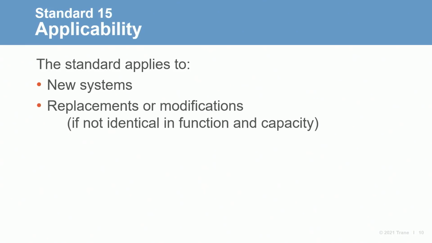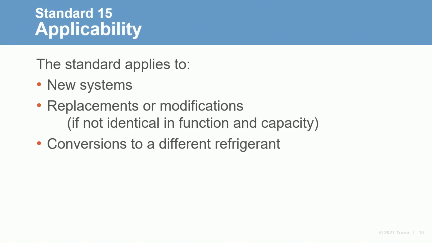The rest of Standard 15 details the design and installation requirements for all types of refrigerating systems, from a small window air conditioner to a large water chiller. It applies not only to newly installed systems, but also to replacements or modifications if they change the function or capacity of the system. And it even applies to conversions to a different type of refrigerant.